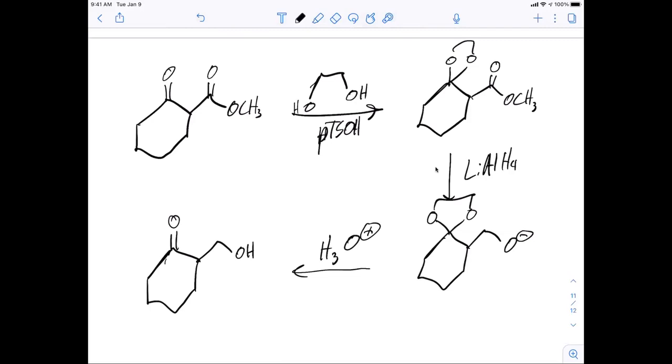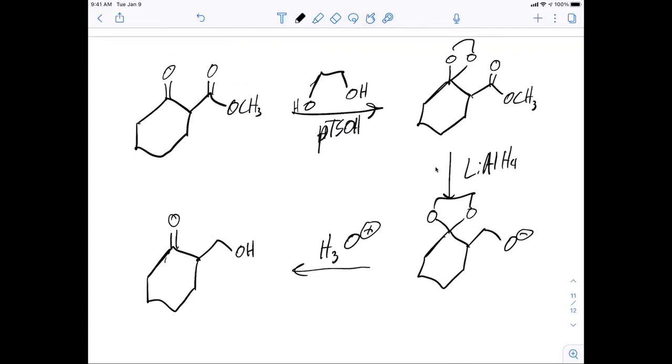Now, if I wanted an aldehyde and a ketone, right? So questions about this one? So again, the steps, we're protecting, right? We're reacting, and we're deprotecting.